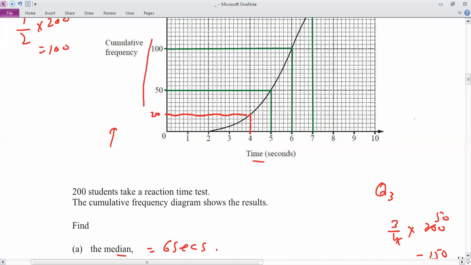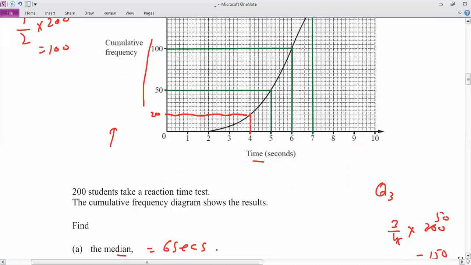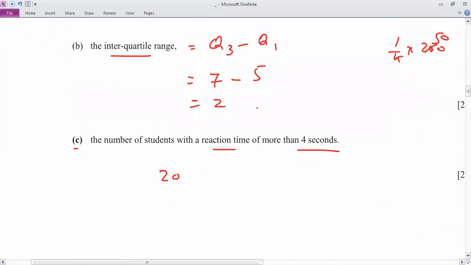So all above this one are more than 4 seconds. So 200 minus 20, I mean 180 students have a reaction time more than 4 seconds, while 20 students have a reaction time of 4 or less than 4.